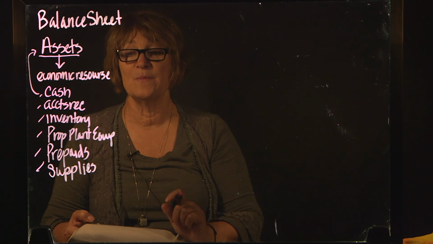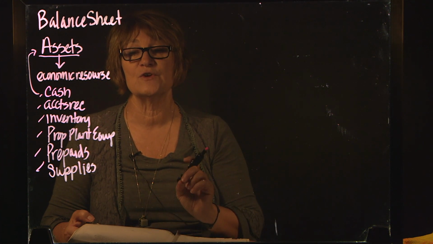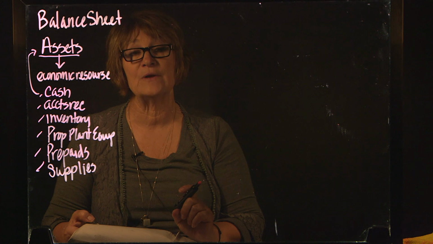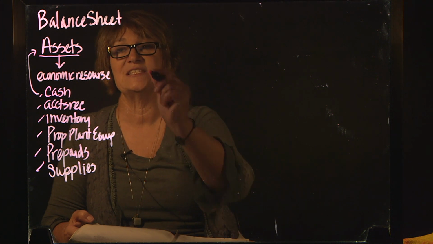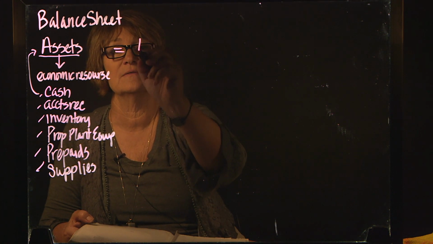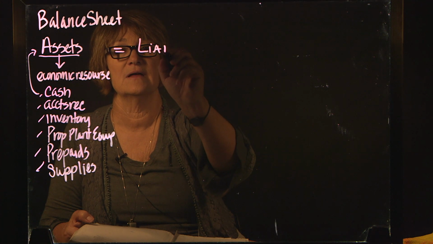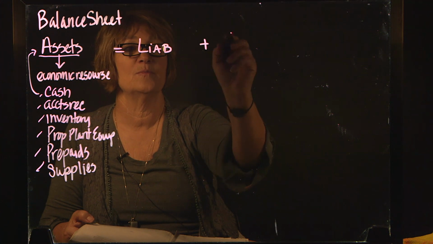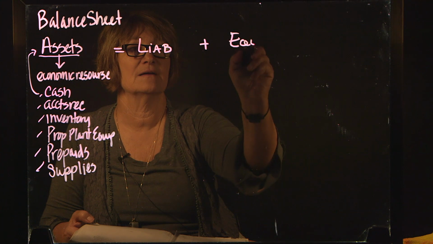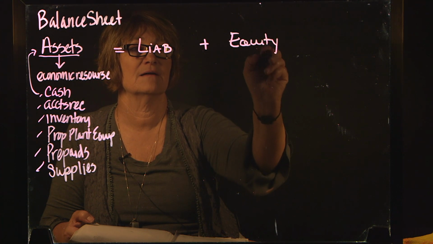So the first part of the balance sheet is also the first part of what we call our accounting equation, which is assets equal liability plus equity. Okay?